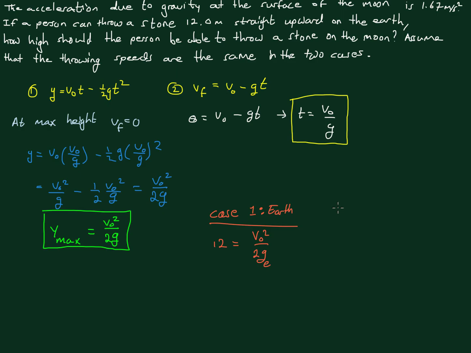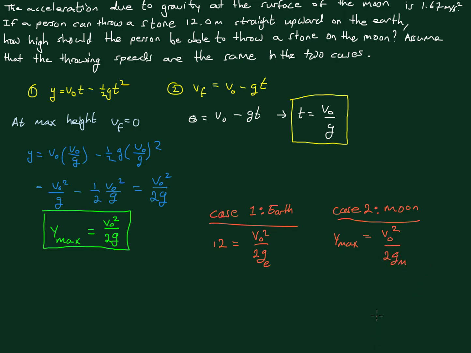Okay, so case two, we're on the moon. And on the moon, we don't know what the maximum height is, so we'll just put it as y max. So y max is going to be equal to, again, v0 squared, but this time divided by twice the gravitational acceleration of the moon. So that's going to be 2 g of the moon.